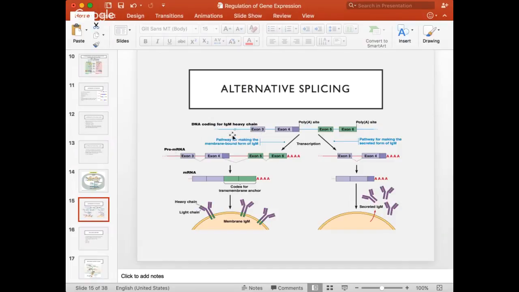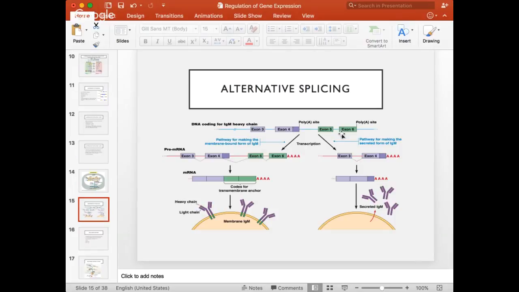This is our long strand gene. It has the DNA coding for IgM and it has the exons and the poly A site. So this is the IgM, this is the poly A site, and these are the exons.